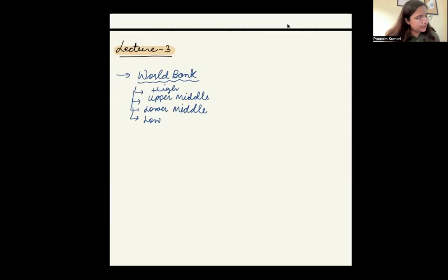So we said, anything which is less than $996 will come under a low income category country. Anything which is between $996 to $3895 will be a part of the lower middle income countries.